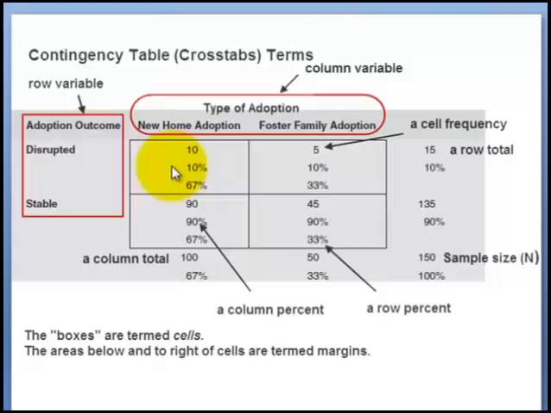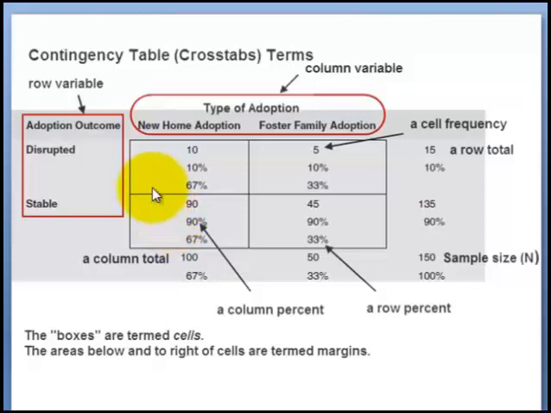So in the new home adoption column, 10% plus 90% sums to 100%. Because these percentages sum to 100 down the column, they are column percentages.